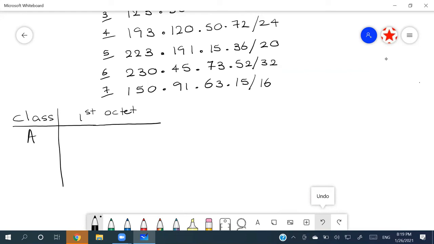A leading bit means one that does not change. So the first octet has 8 bits, and the most significant bit is going to be a constant. It is always going to be 0. The other 7 positions can be changed as they want, right?